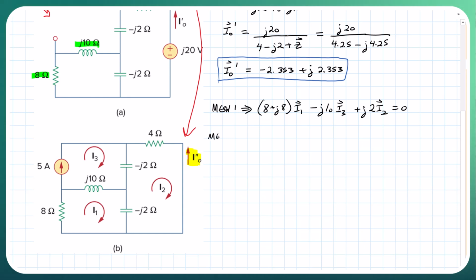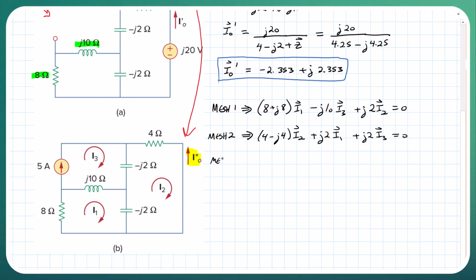For mesh 2, we get 4 minus j4 I2 plus j2 I1 plus j2 I3 equal to 0.